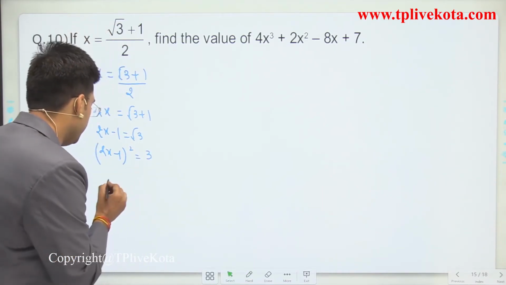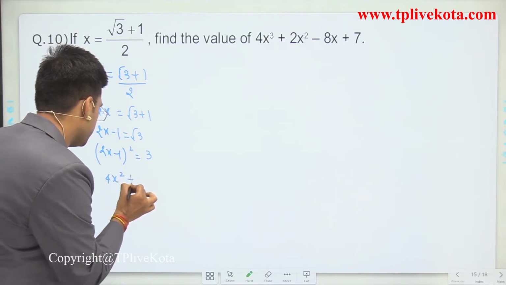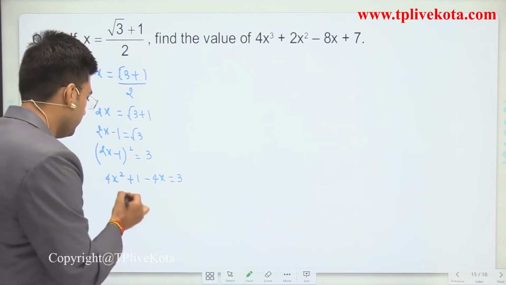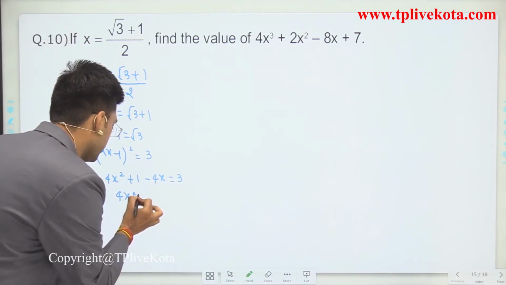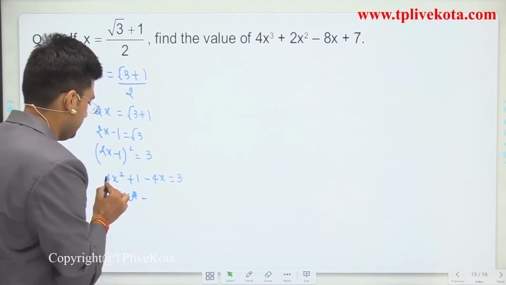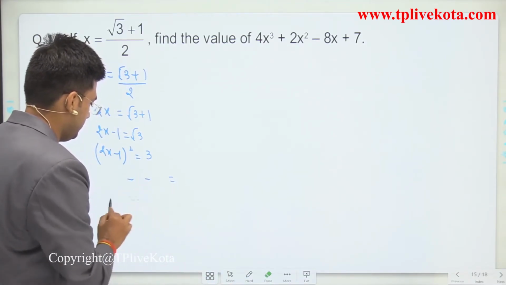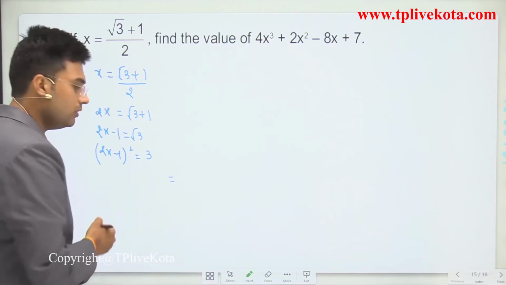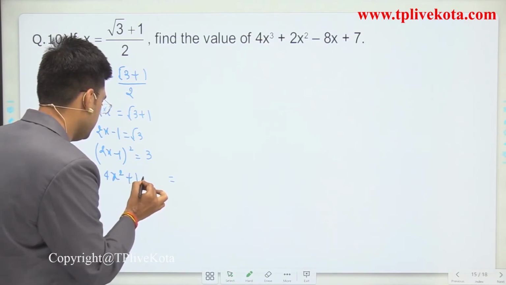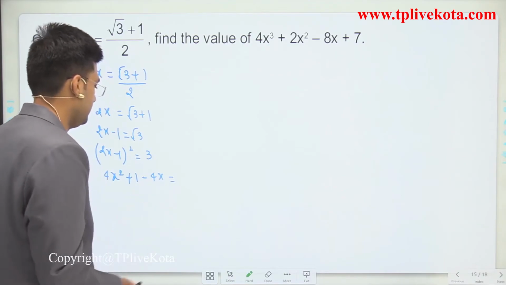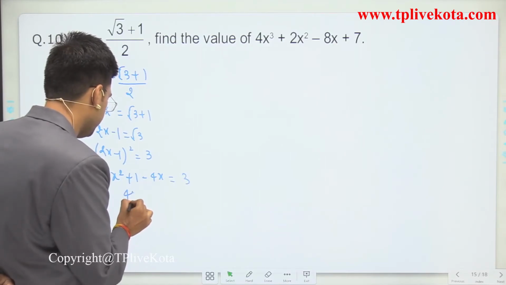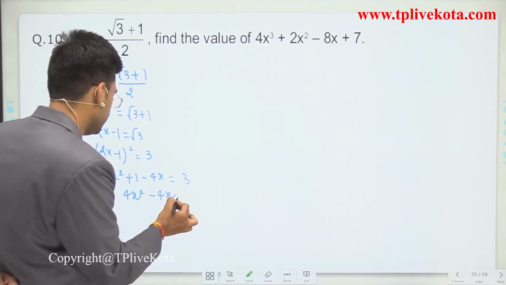Now when we solve this, we will get 4x square plus 1 minus 4x equal to 3, or when we solve this, we will get 4x square minus 4x equal to 2.